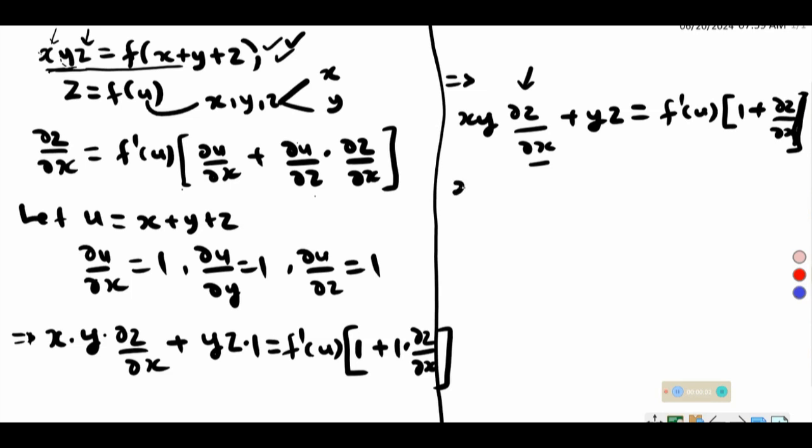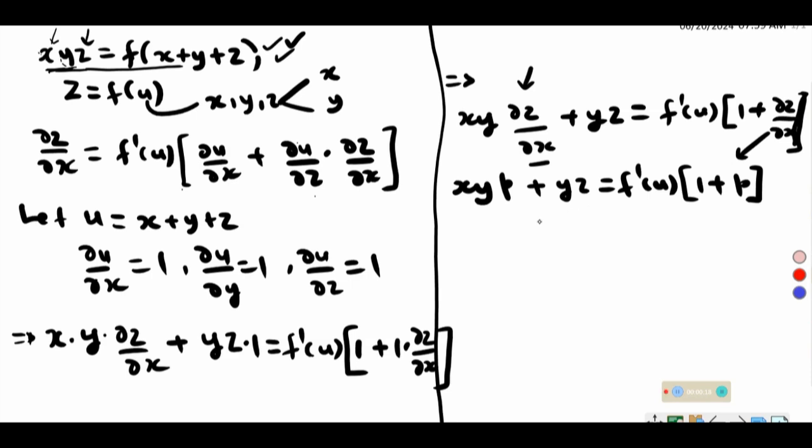This is the same as xyp plus yz equal to f prime of u into 1 plus p. Remember that p represents del z del x.